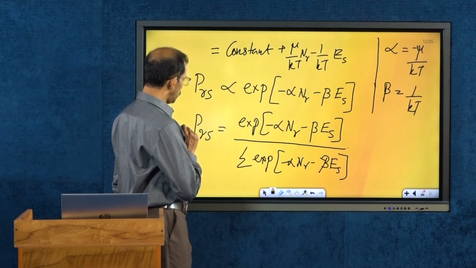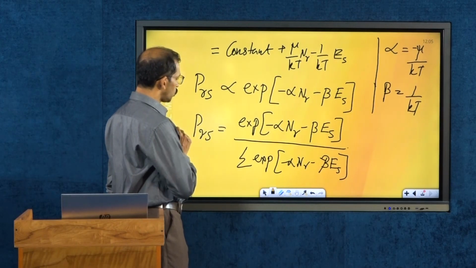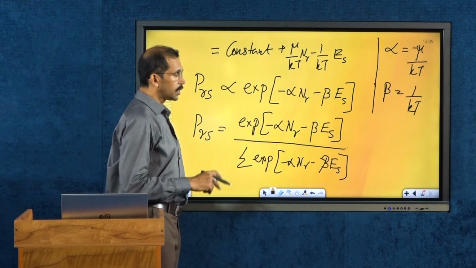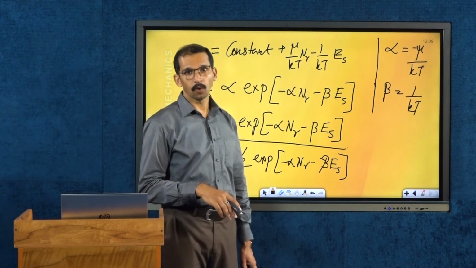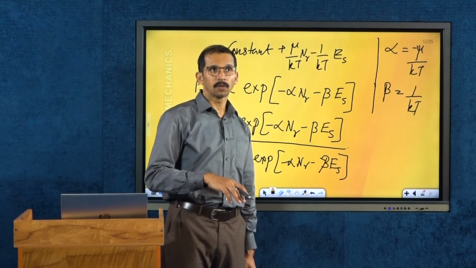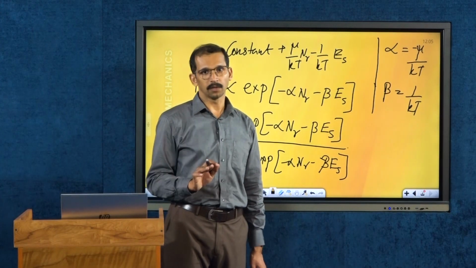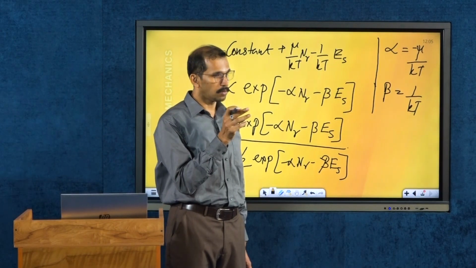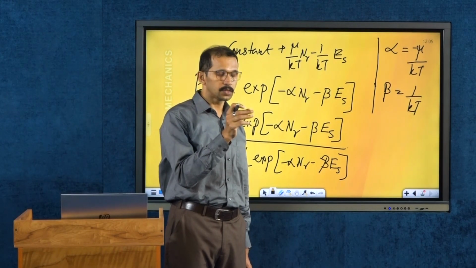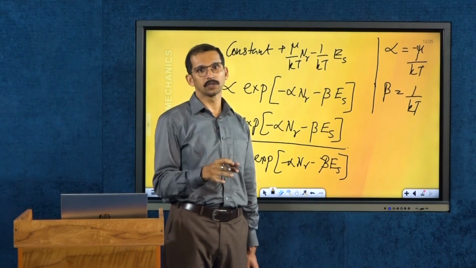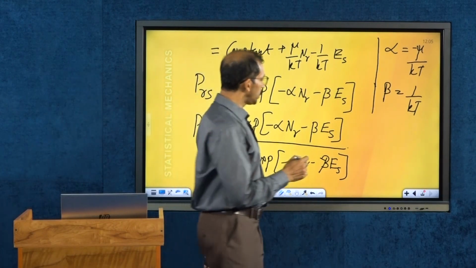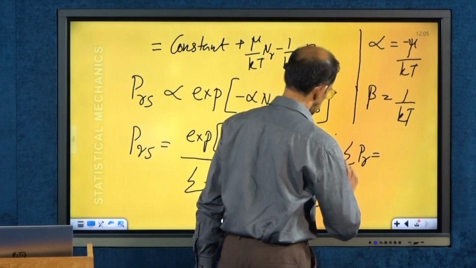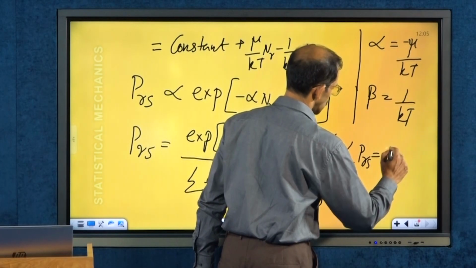Now, if I make the summation over PRS, what does the summation over PRS mean? It means I am summing all the probabilities of the whole situation, of all the boxes together, of all the energy levels and all the microstates together. Therefore, sum over PRS is equal to 1.